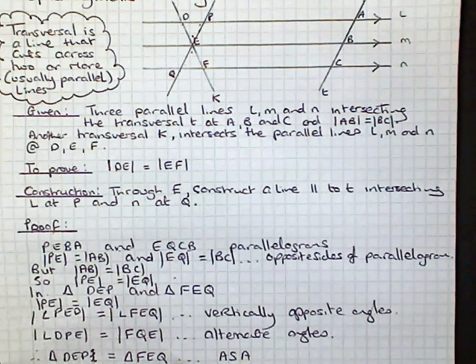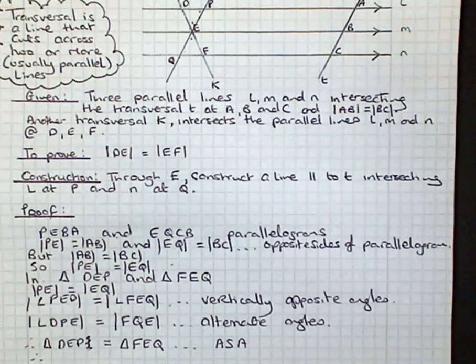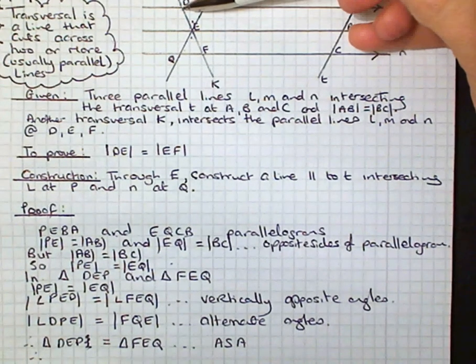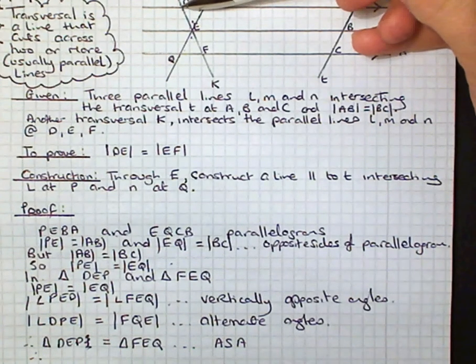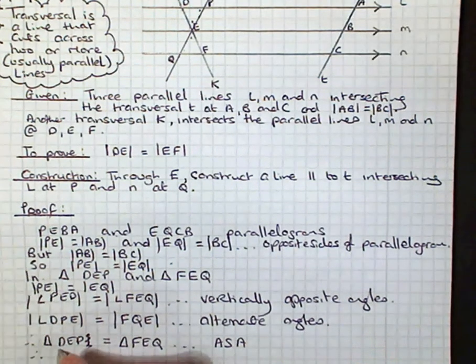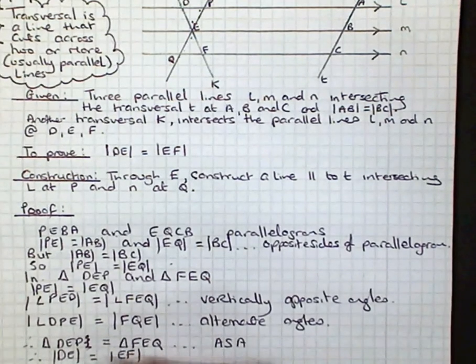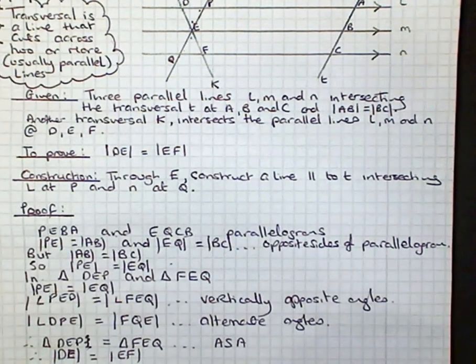So I can conclude that the other side on my two triangles, DE and EF, because they're congruent triangles, I can now state that DE is equal to EF, because they are corresponding sides in congruent triangles, and that is the theorem proved.